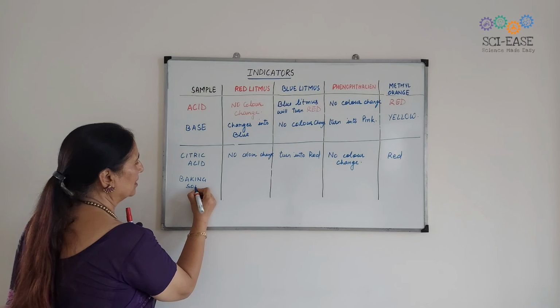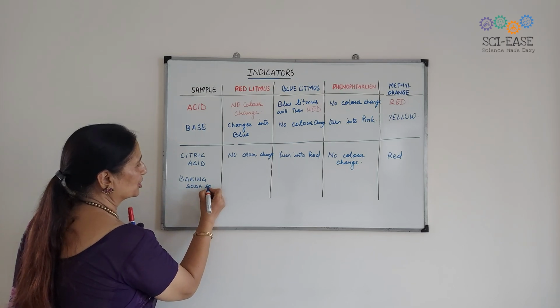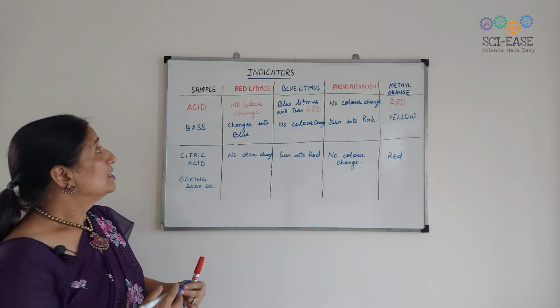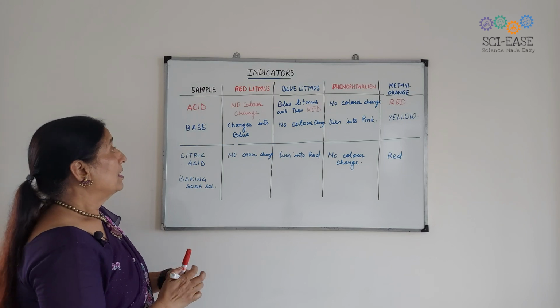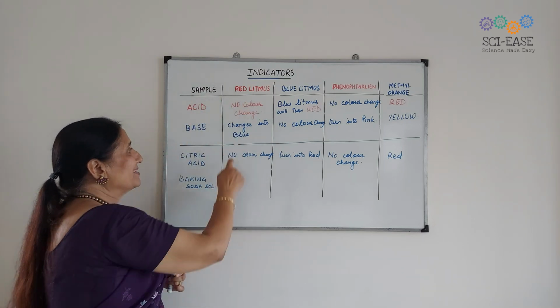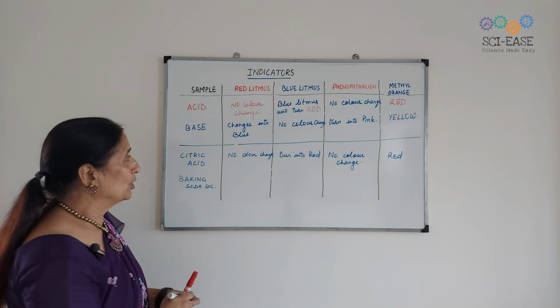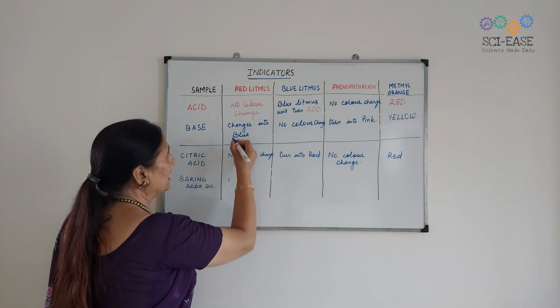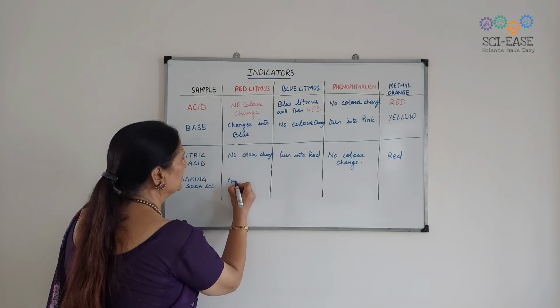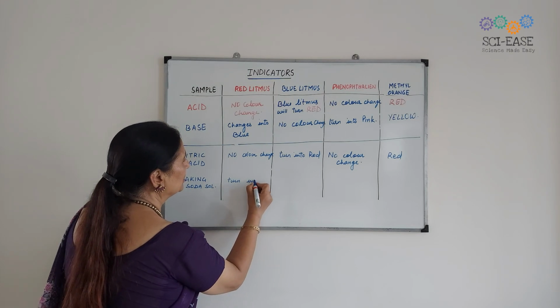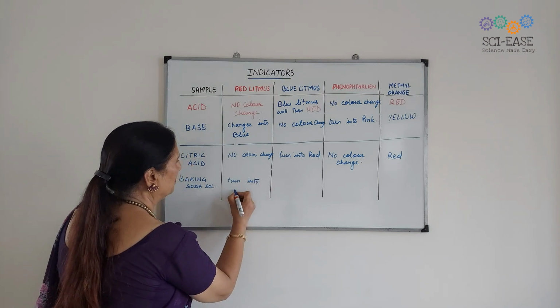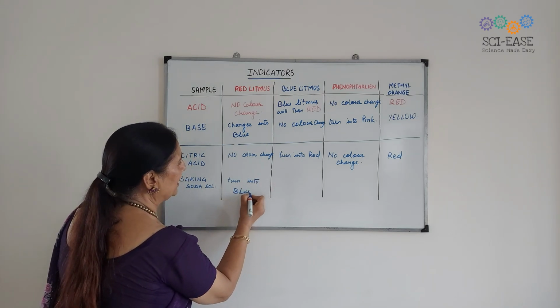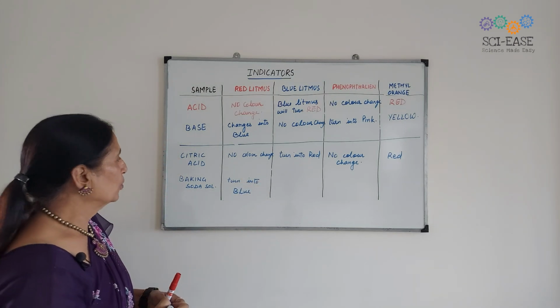Okay? So when red litmus is added to baking soda solution, what will be the result? It will turn into blue. Okay, red will turn into blue.